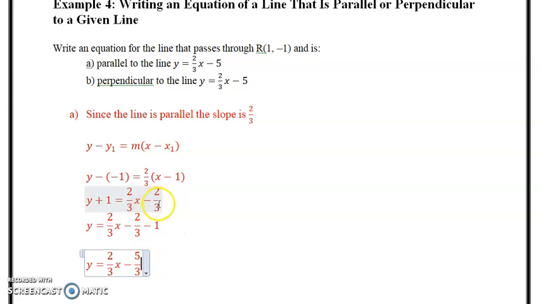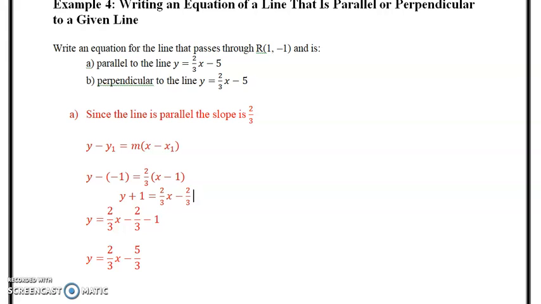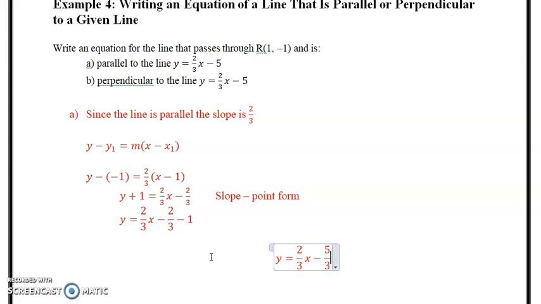And again, you can leave it in either form here. Remember this here, this is slope point form, and then you can rearrange it. I just did that. I know it didn't say to do that, but you can.